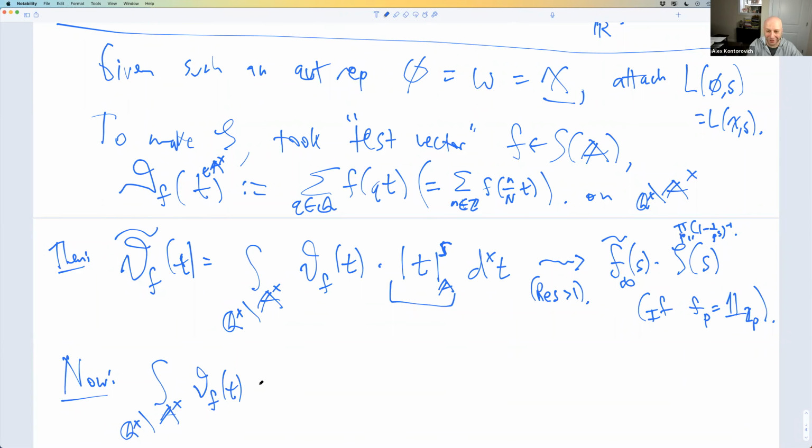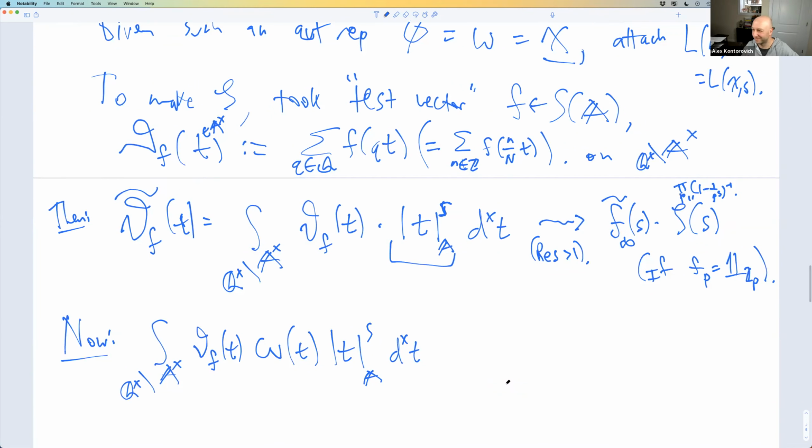I want to put a character here, omega of t. We can still put a t to the s, d cross t. Are you also including the real place for that? I'm also including the real omega place as well. That's right.